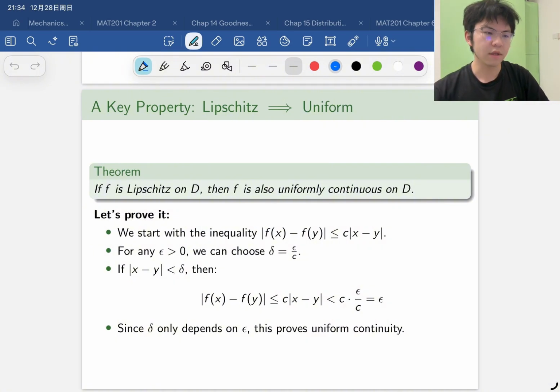We start with the inequality: the absolute value of f(x) minus f(y) is less than or equal to C times the absolute value of x minus y.